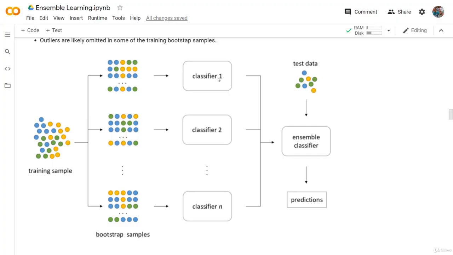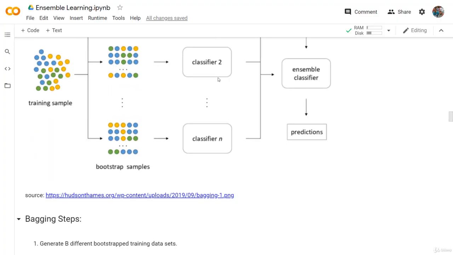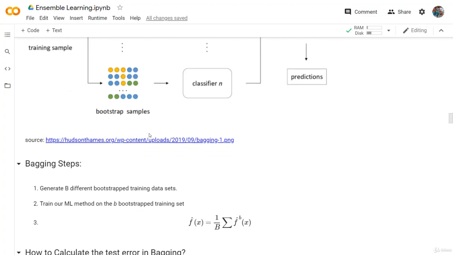Because this is a concept. Bagging is a concept that you can use with any machine learning model. Of course, some models fit this better than others, but it's a very generic approach.